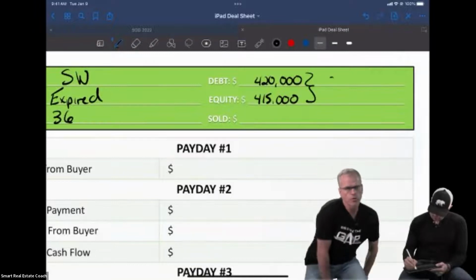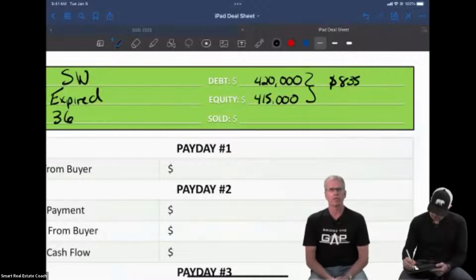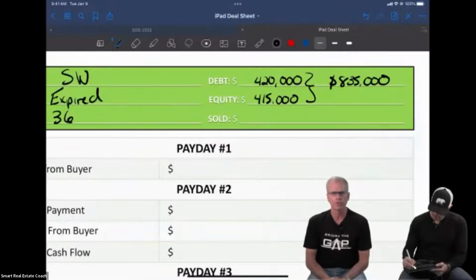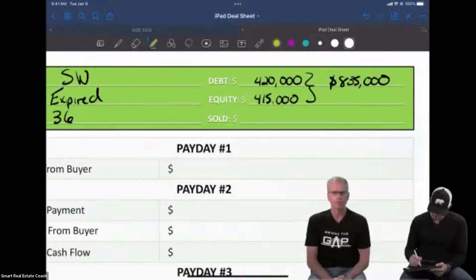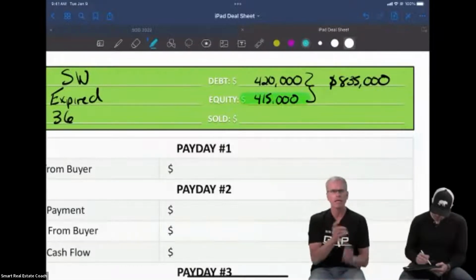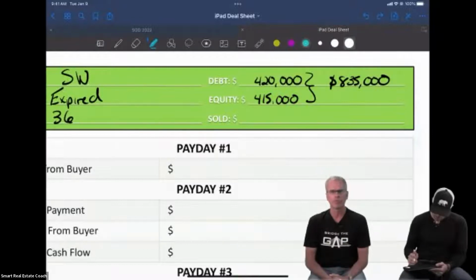Okay, so for those of you that are new and maybe a review for some, we don't talk sale price to a seller when we talk about a lease purchase. All we care about is what's owed, in this case 420, and what's the equity that we're promising you. Why is that? Because we're going to promise them the payoff of the mortgage at the end of this term, and the 415 locked in, because that 420 is not going to be 420 at the end.